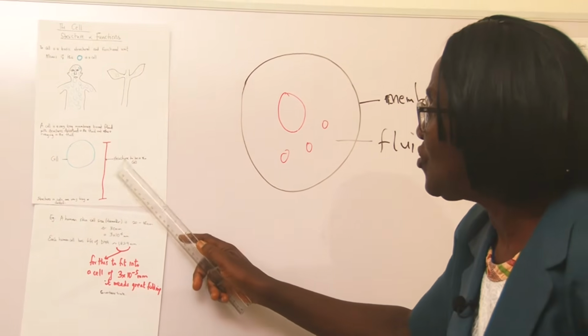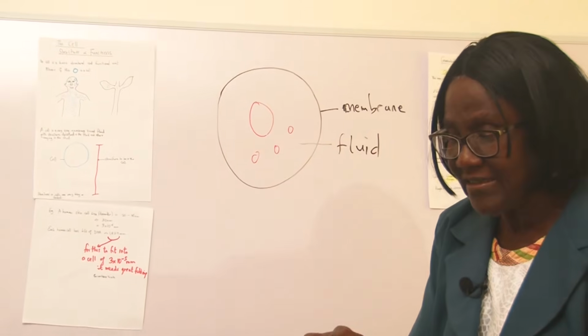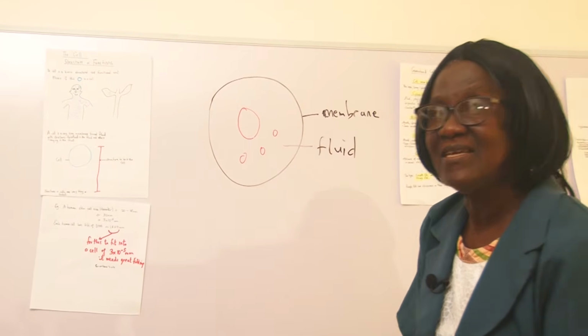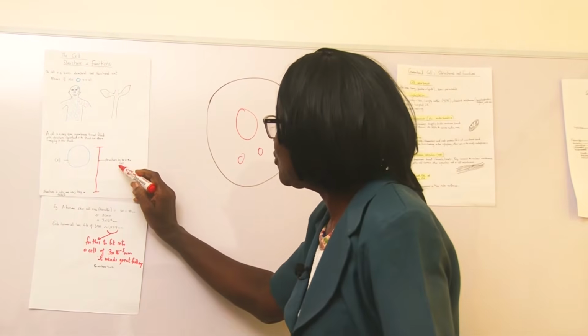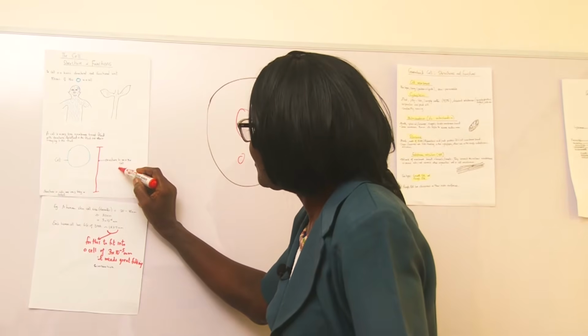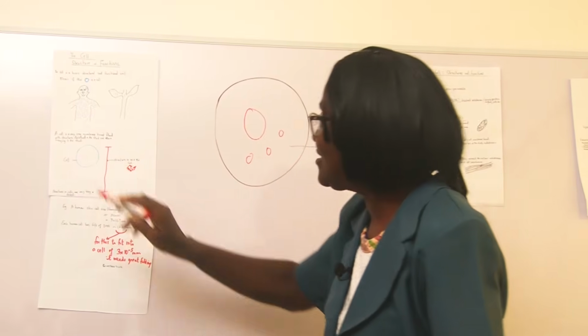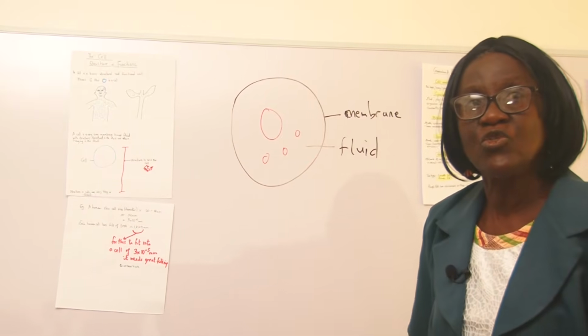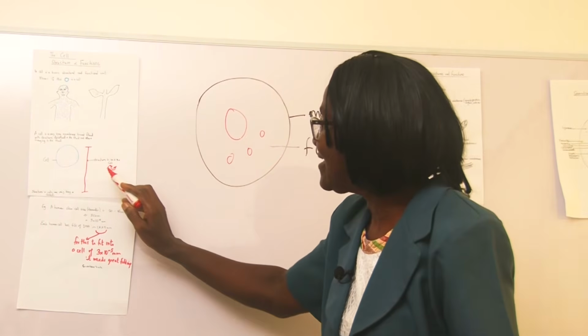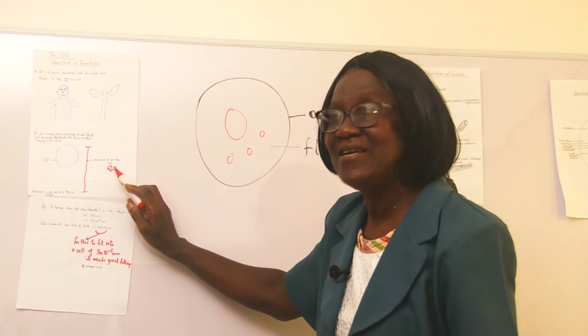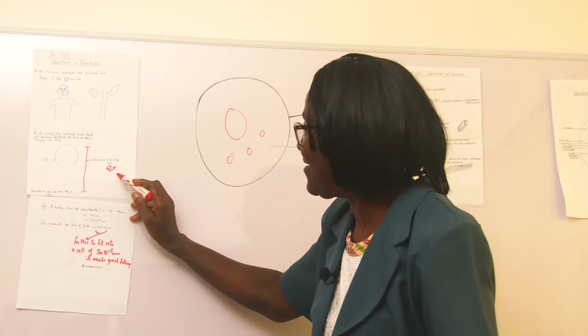To be able to do that, the structures that are found in cells are folded. So if this structure is folded so much, it can fit into the cell. So structures that are found in cells are either folded or very, very tiny.